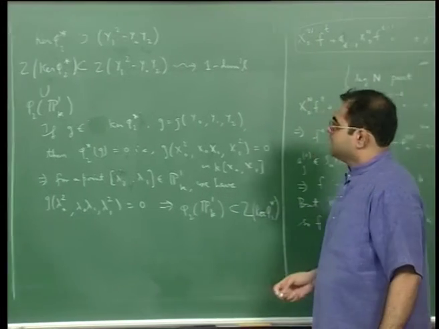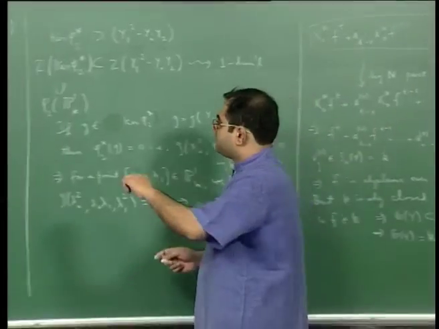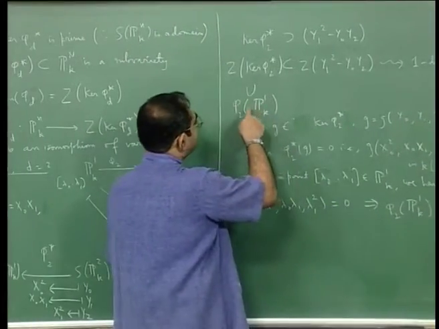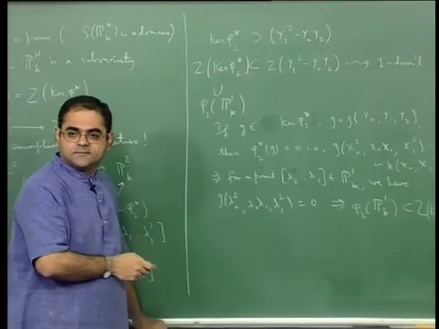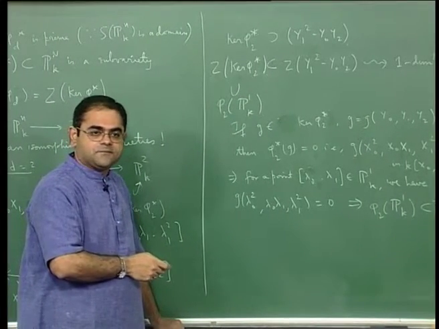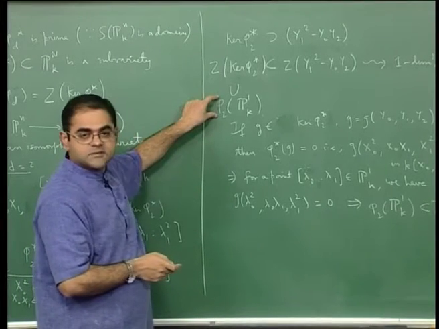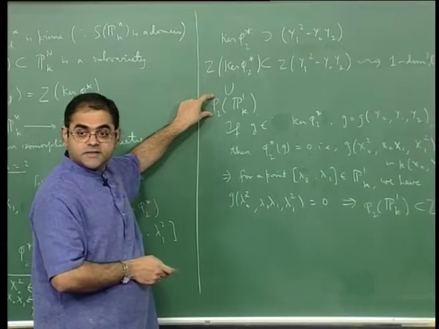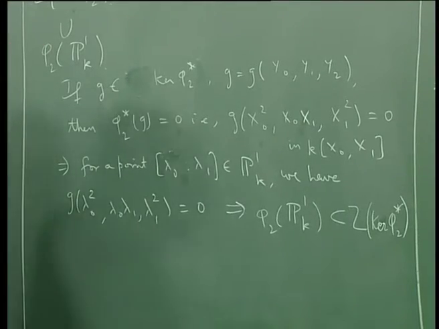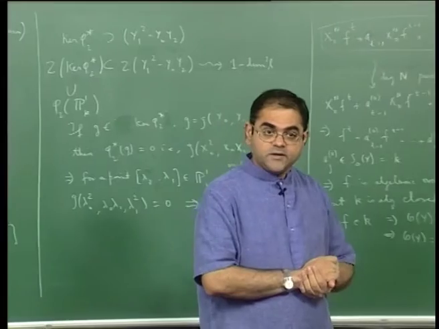Okay, so now what you must understand is that this is already one dimensional. Mind you, phi 2 is injective, and in fact topologically you can check phi 2 is a homeomorphism.